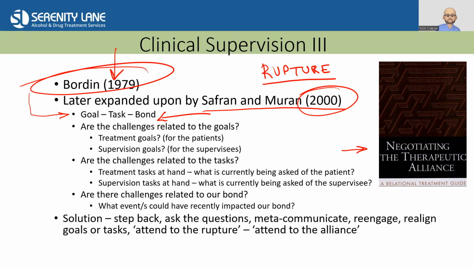So challenges in supervision are the same as the challenges in counseling. Are the challenges that you're dealing with right now, or the rupture or ruptures that you're dealing with right now, related to the goals, either treatment goals or supervision goals? When we think of goals, we tend to think of supervision goals or treatment goals. Now, this is treatment plan.